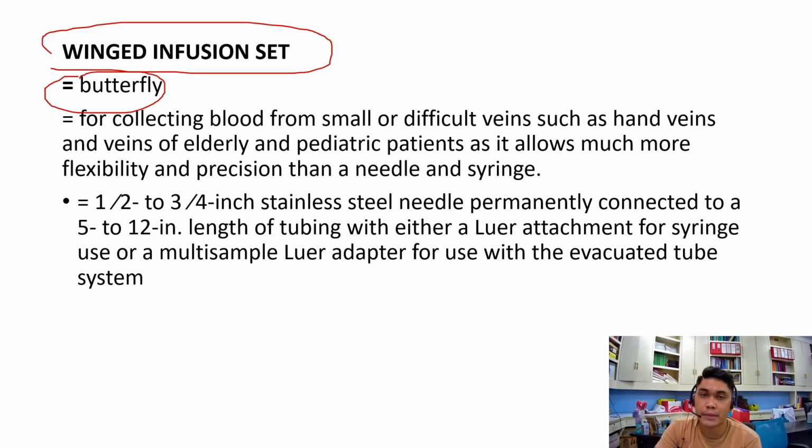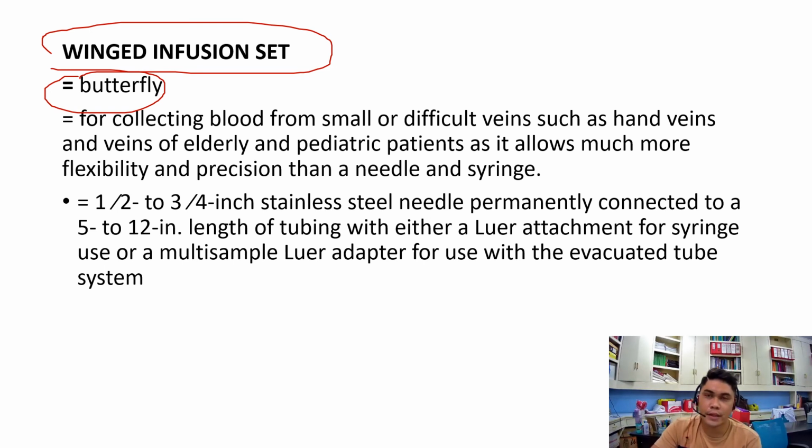So it's for collecting blood from small or difficult veins such as hand veins and veins of elderly and pediatric patients, as it allows much more flexibility and precision than a multi-sample needle and syringe.